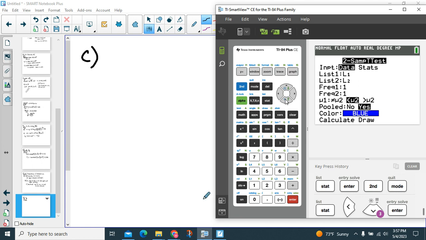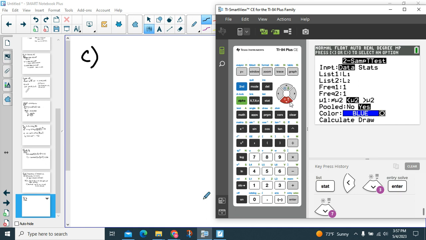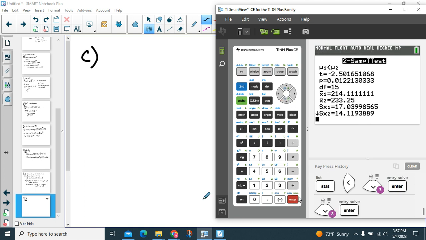We have the data, and we're using list 1 and list 2. There's no frequency lists here. As we said, we think that the mean distance before is less than the mean distance after, so that's what we want. We always pool our data, and we calculate here.